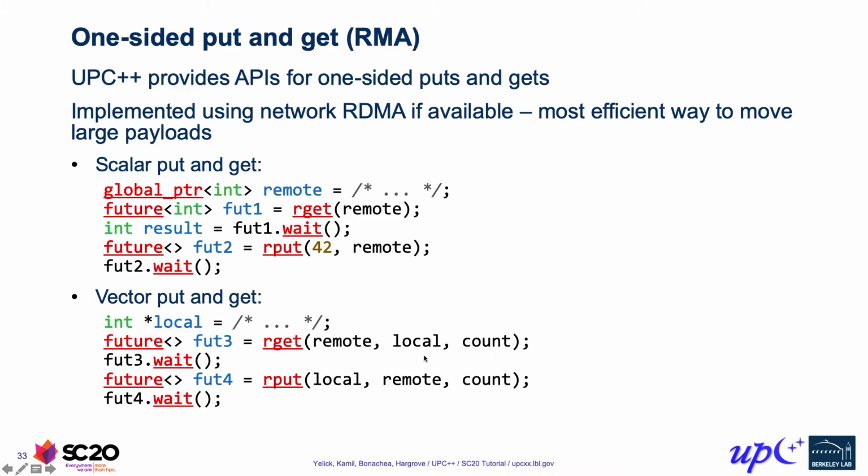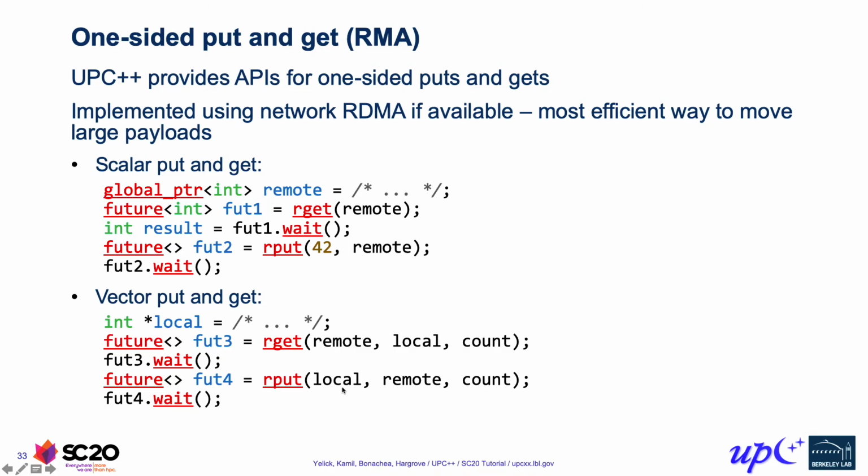And then the third argument is the count. So what this does is it initiates a one-sided get operation to transfer data from this potentially remote location to the local location. And those data values get directly transferred into the target memory. And so rget doesn't produce a value. We just get an empty future that represents completion of the operation.